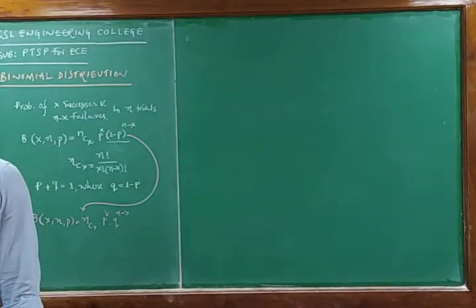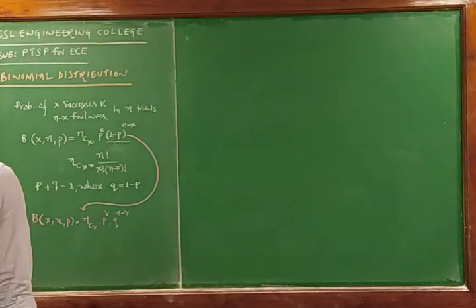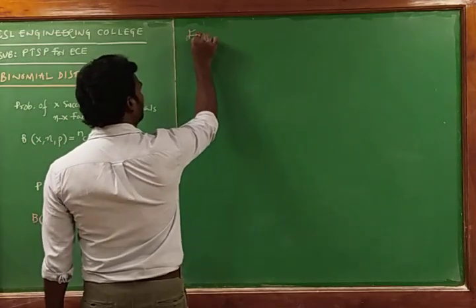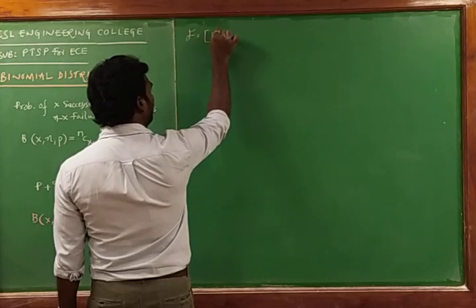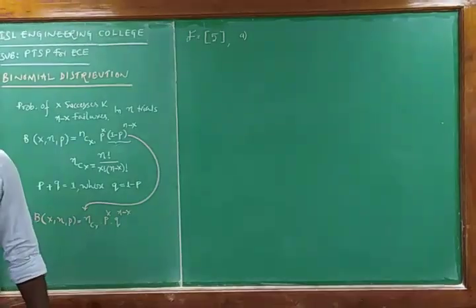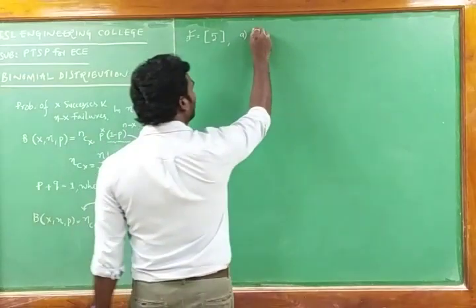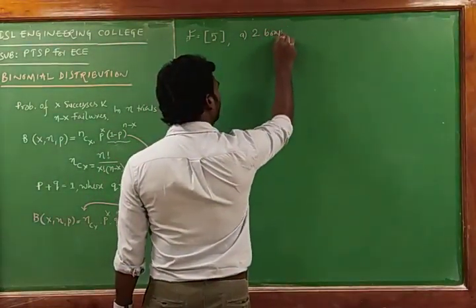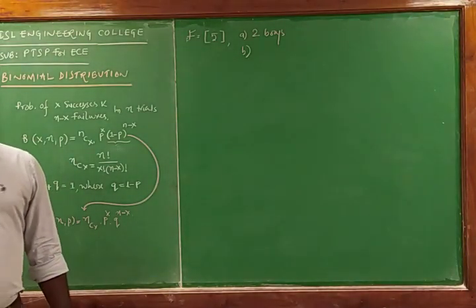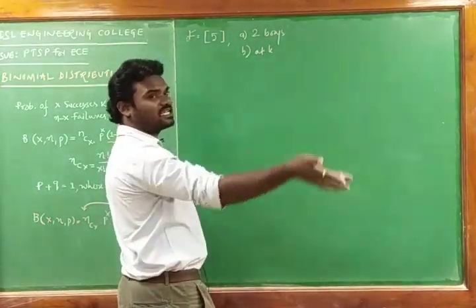In a family of 5 children, there is a family in which 5 children are there. Find the probability that there are 2 boys. That means a family is there, in which the total number of children is 5, and we have to find the probability that there are 2 boys, and next one, at least one boy, that means x is greater than or equals to 1.